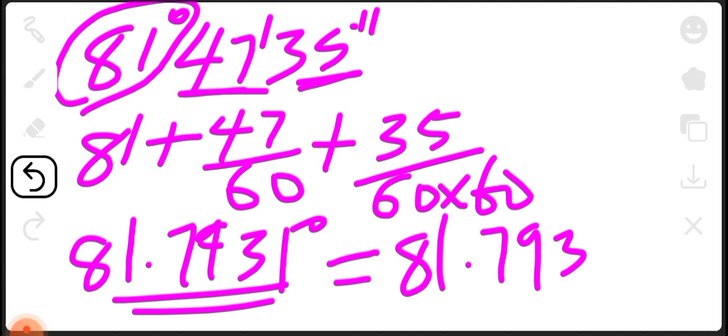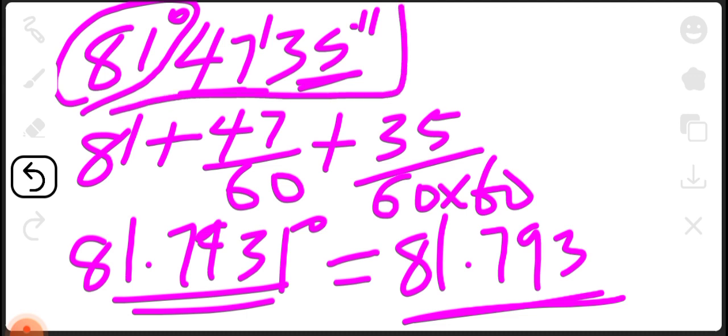This is the answer to 3 decimal places. So you try converting this to this to see if we can do it. Remember, 81 is already in degree. Okay, I already told you how to do it. So just try and see if we can do it. You discover that this and this will give approximately the same answer. So thank you.